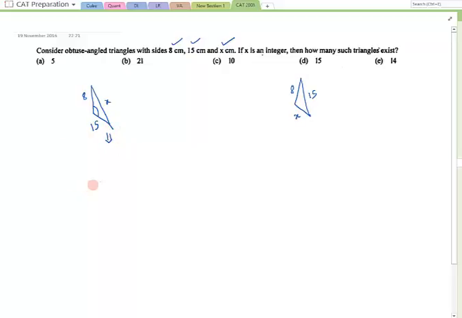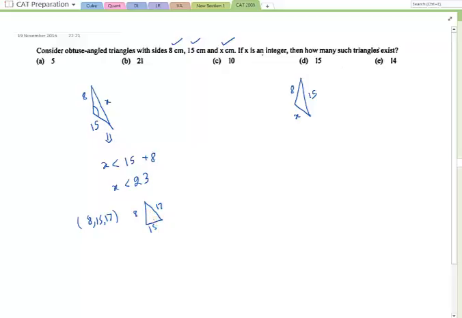In this case, first thing we know is that sum of two sides of a triangle has to be greater than the third side. So x will have to be less than 15 plus 8, or x will be less than 23. What we also know is that 8, 15, and 17 are a Pythagorean triplet, which means that for 90 degrees, this will be the scenario, 8, 15, and 17.